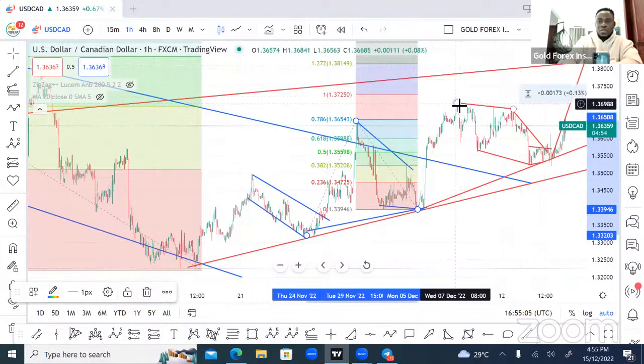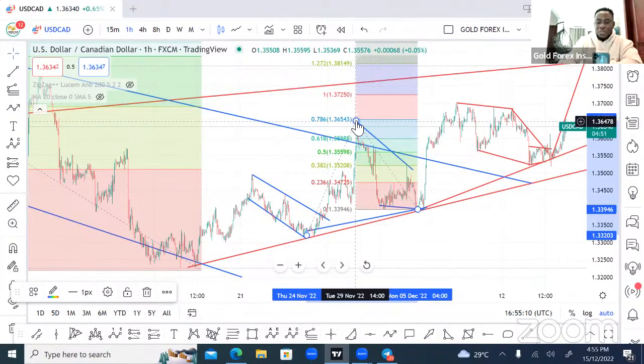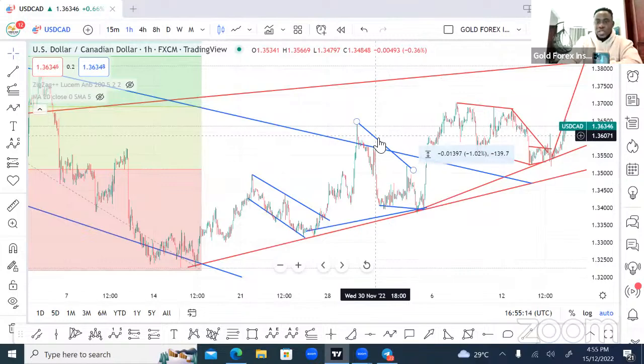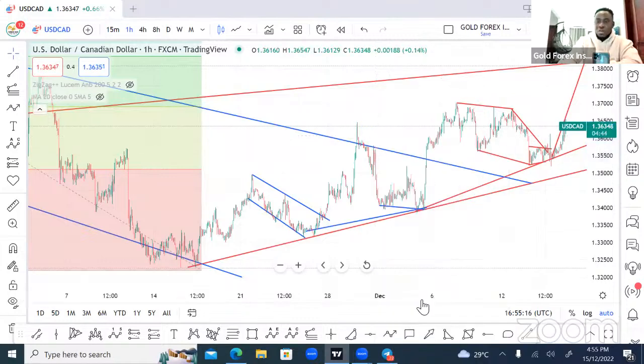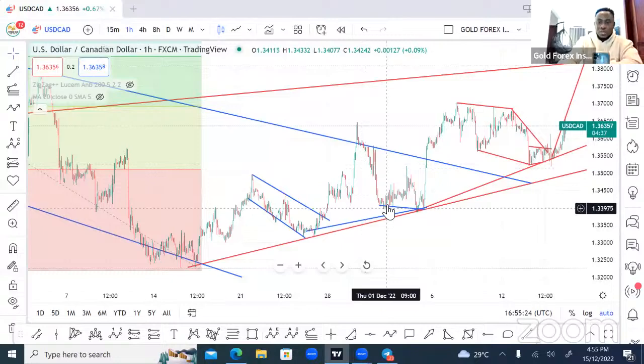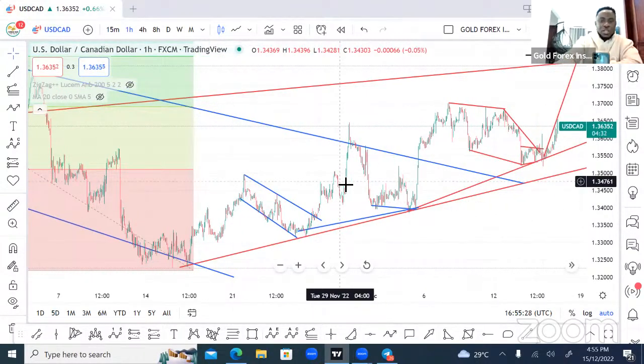Okay, it got to this level and it retraced back. Now, when you have that big retracement, it's an opportunity for you to get more trades. Now, in STR, we tell you guys that we only add on a new position when we've seen that good correction. We only add on a new position when we see a corrective wave.